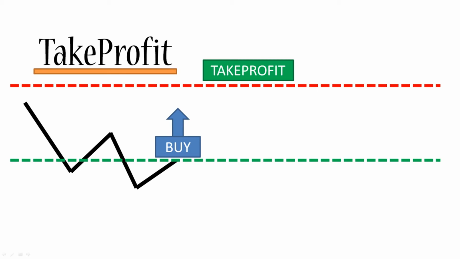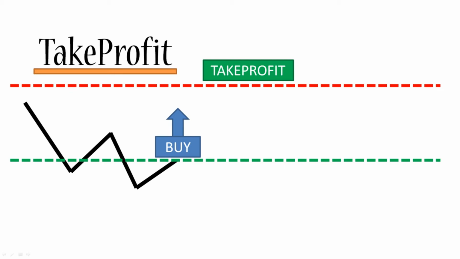But in this case, you are embedding a condition in your buy order, which is called a take profit. And this condition will check whether or not the price is at or above a certain level, which is marked here with the red line. And as soon as the price is at that level or above it, then the order will be automatically closed.